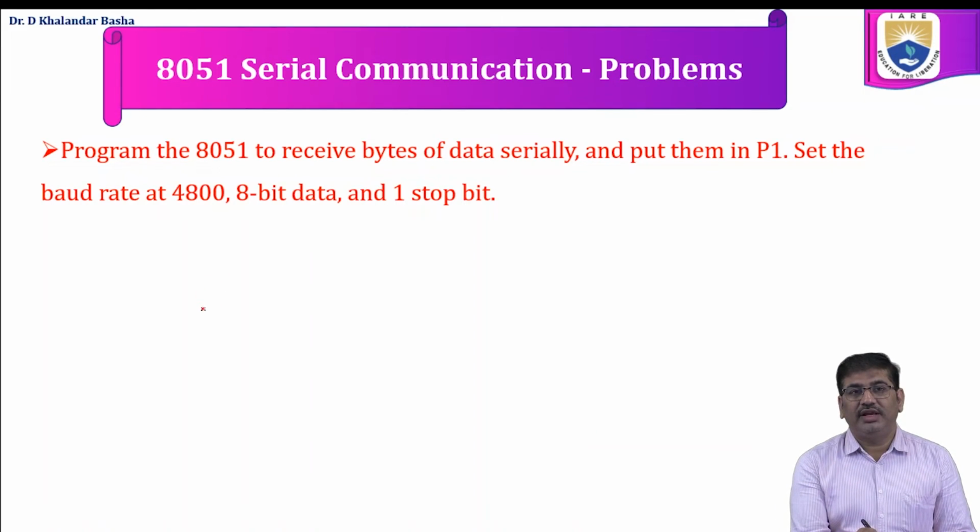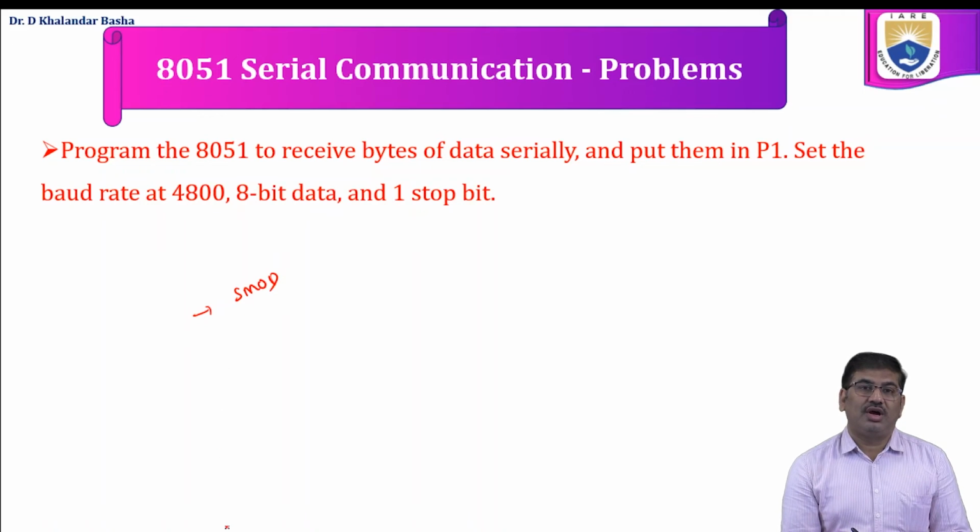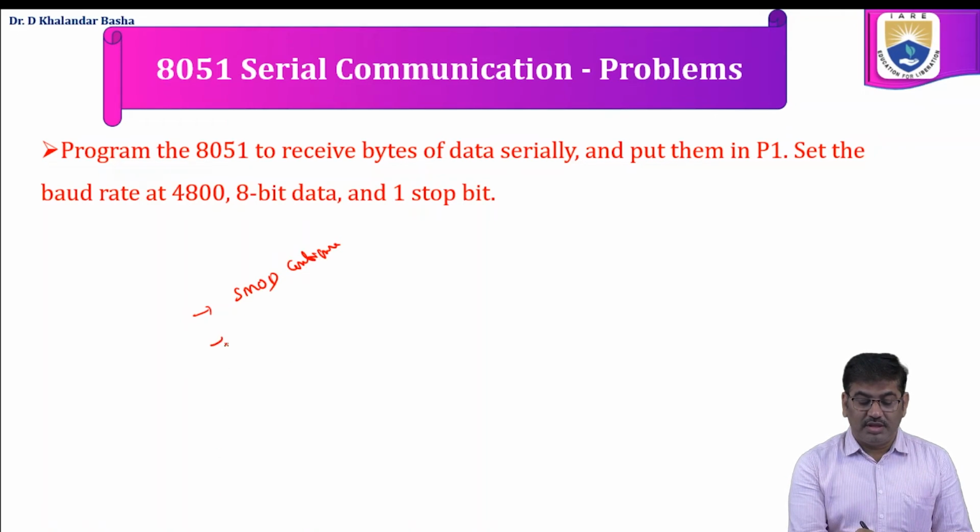So for configuring the 8051 microcontroller for serial communication at a particular baud rate, the various steps we have to follow are: first, configure the mode register, then load the count into the TH1 register, then configure the SCON register.